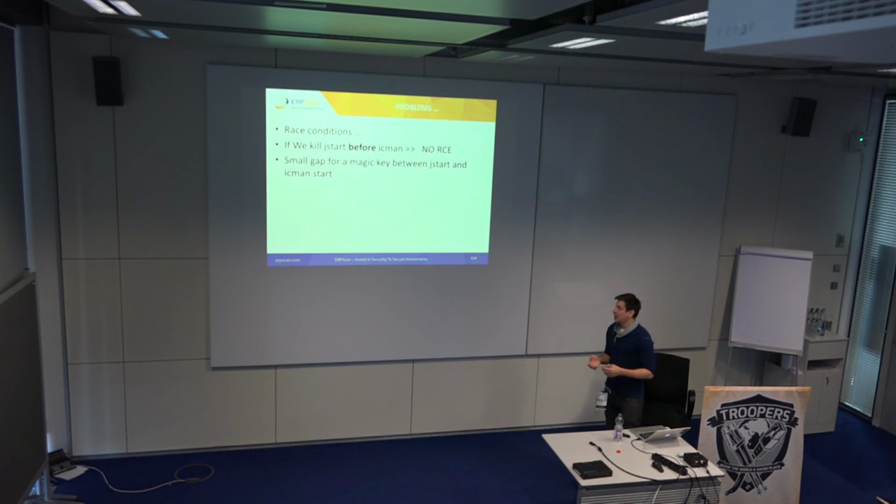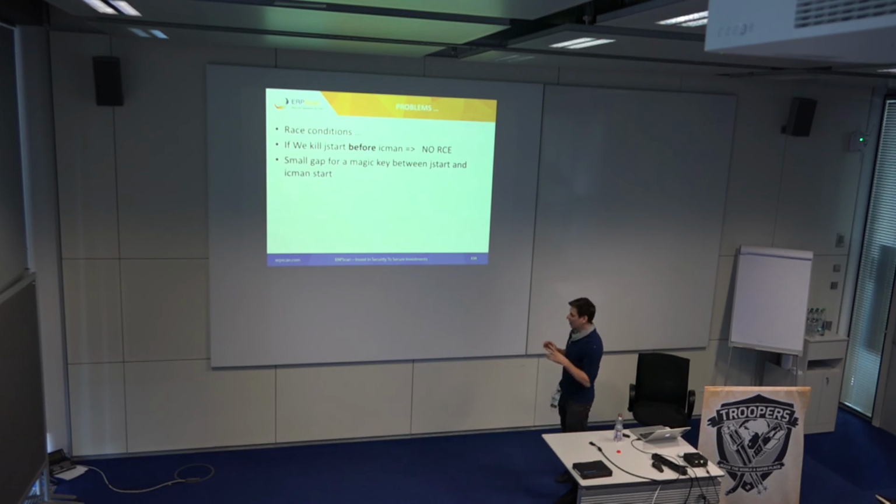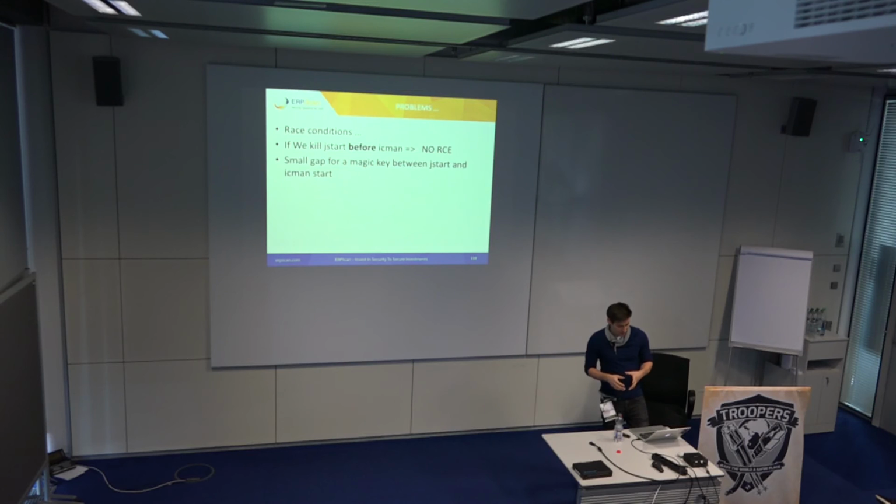So in this case, in this denial of service attack, it was again a race condition, which allows us to kill the IC manager, and as a result, we have all pieces of our puzzle for our remote command execution attack.